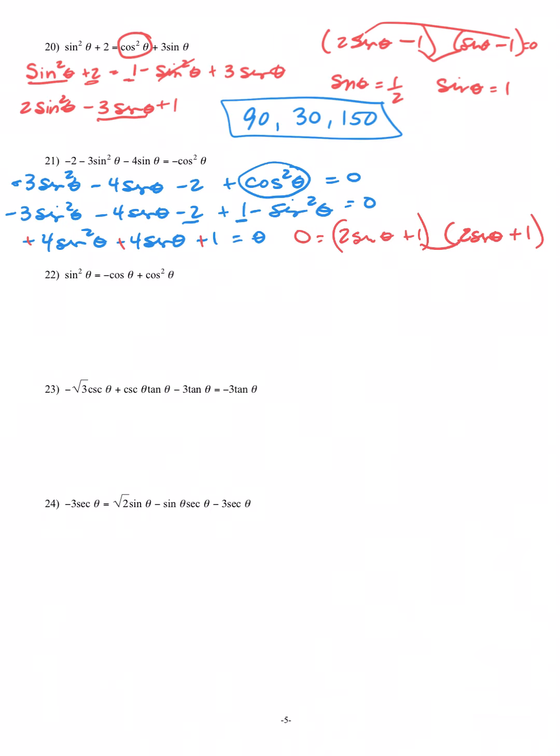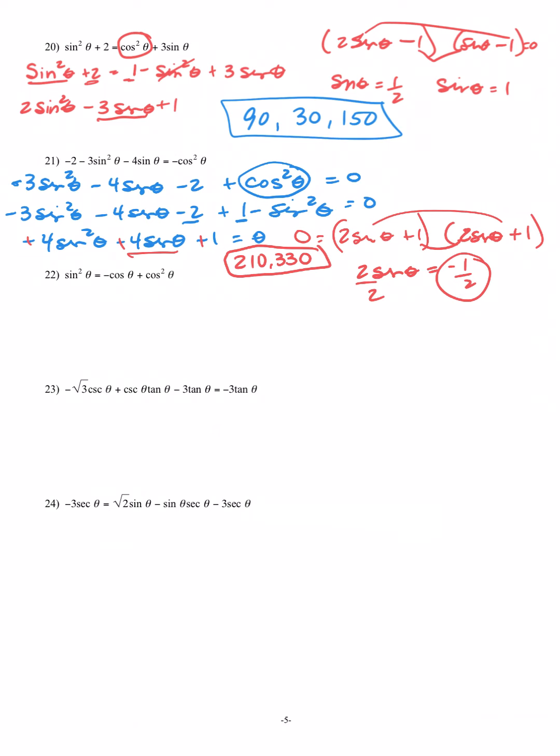And when you do that, you get 2 sine of theta there and another 2 there, which will give you your 4 in the middle when you FOIL it back. And 1 times 1 is 1. So now we're just going to have 2 sine of theta equals negative 1 divided by 2. Sine of theta equals negative 1/2. And the answers are going to be 210 and 330 for that one.